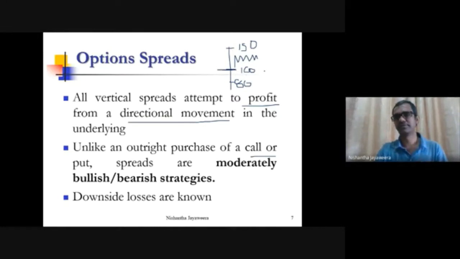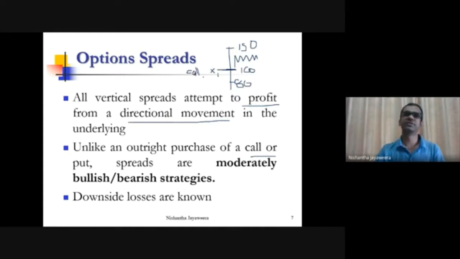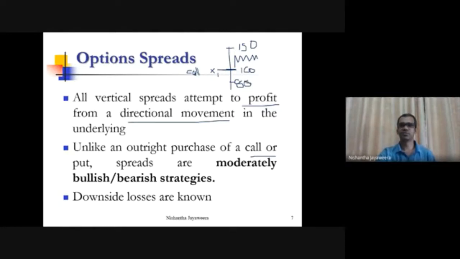You buy a lower strike call option, which is close to the current spot price. Your expectation is the price will move up. So to buy this call, you have to pay a premium.